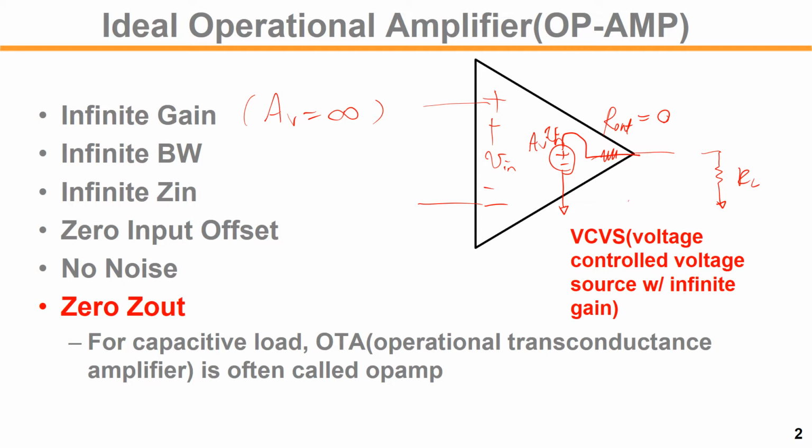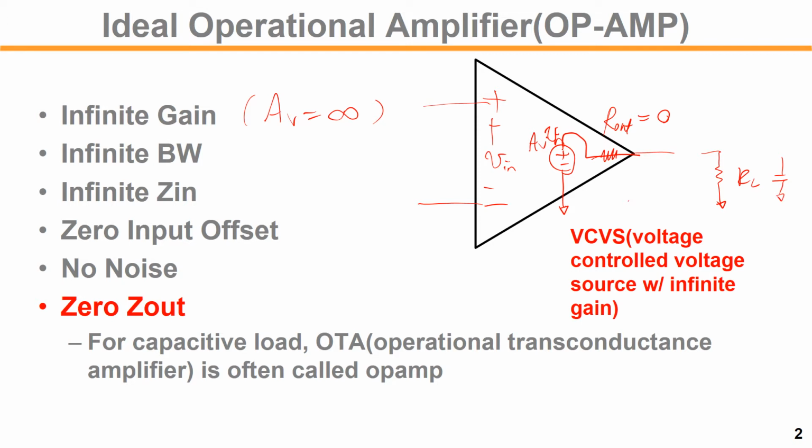But in most cases, for capacitive load, the operational amplifier is often called OPAMP. What it means is that even with R out not 0, we can still get the high gain. Let's say R out is finite, then if the capacitive load is there, we will still get large voltage gain.